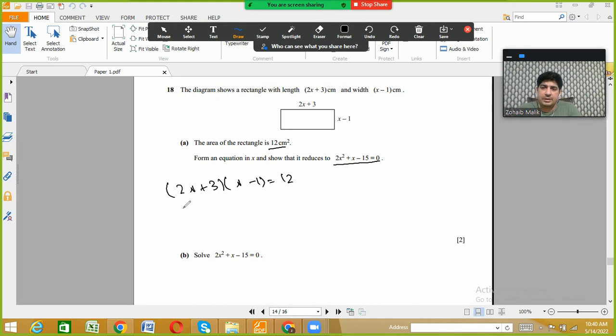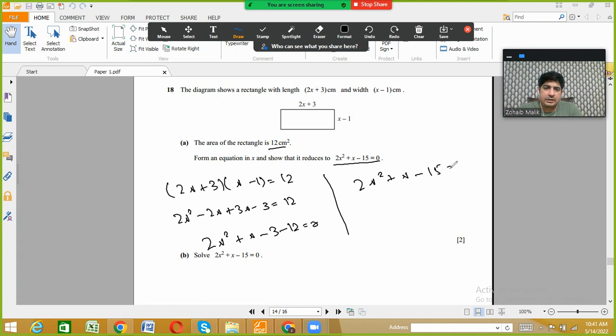Let's multiply them. So it will become 2x square minus 2x plus 3x minus 3 is equal to 12. 2x square plus x minus 3 minus 12 is equal to 0. So this is 2x square plus x minus 15 is equal to 0, which is the required equation.